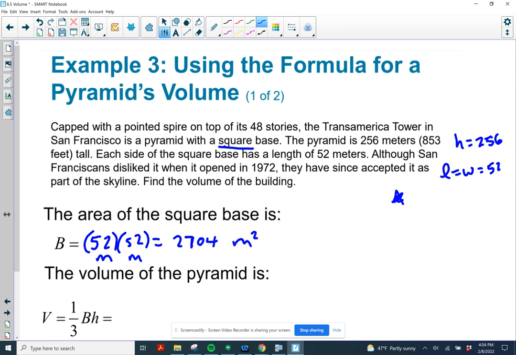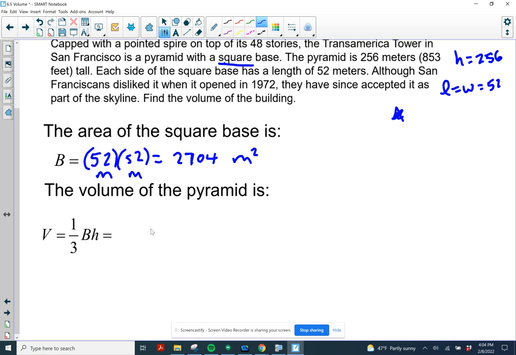square meters. The volume of the pyramid then is going to be 1/3 times 2,704 times the height, which we said was 256 meters. So let's do that calculation: 2,704 times 256. And then I'm going to divide that by 3, because multiplying by 1/3 is the same as dividing by 3.